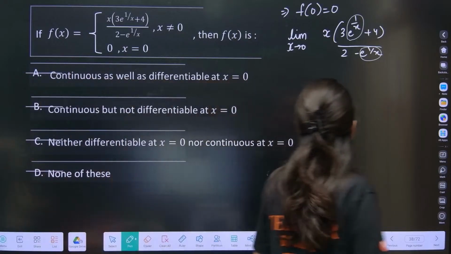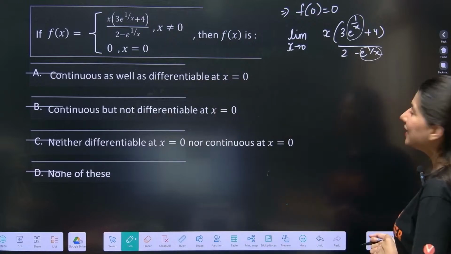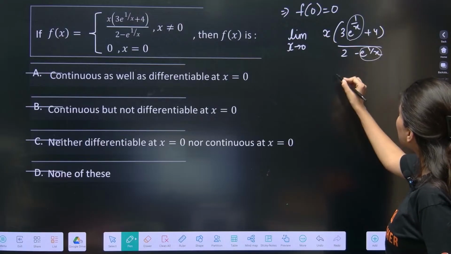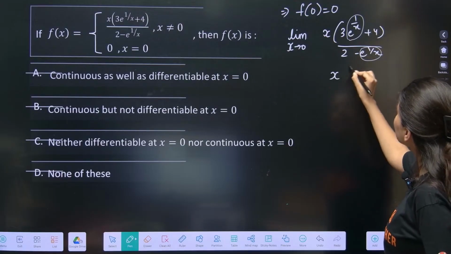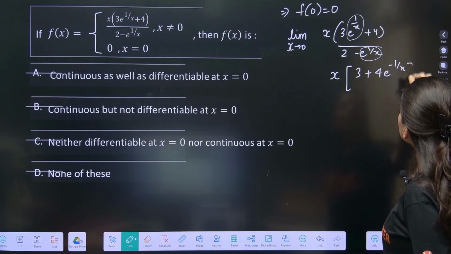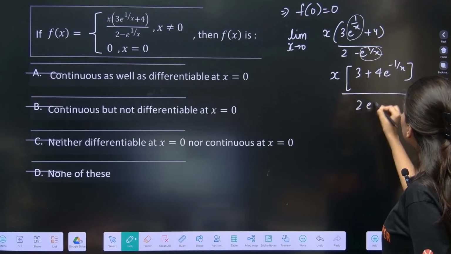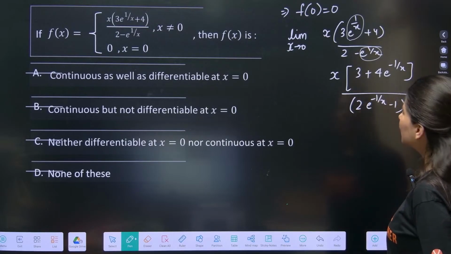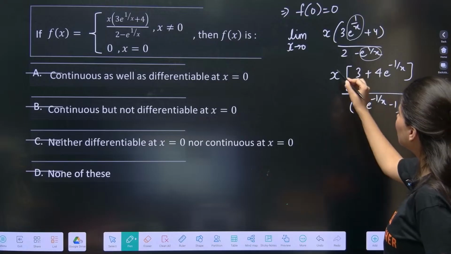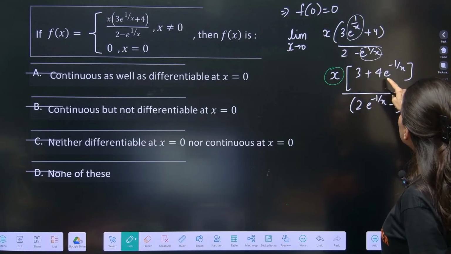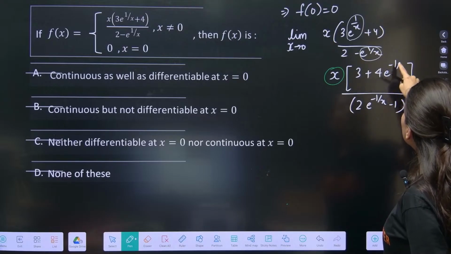So what we will do is, we'll take the maximum infinity common. e power 1 by x I am going to take common from both. So x times (3 plus 4 e power minus 1 by x), and this is (2 e power minus 1 by x minus 1). Now you put x tends to 0. So this is your 0. Now what about this? e power minus 1 upon 0.